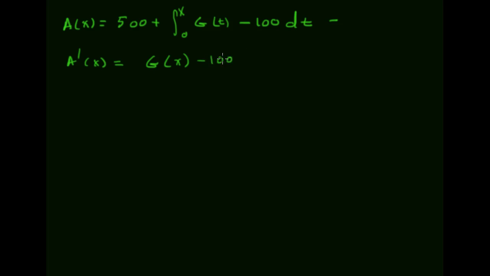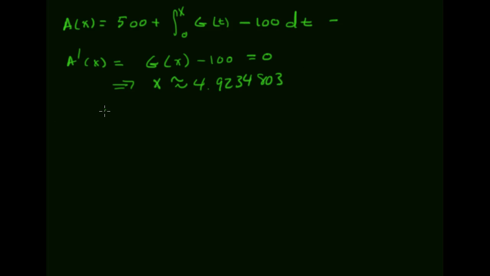So when does that equal 0? You use the calculator to figure that out. That happens when x is approximately 4.9234803.